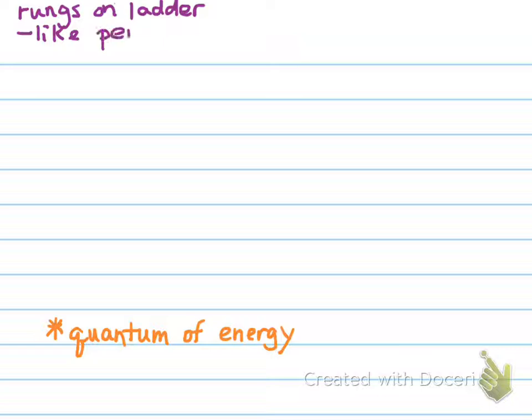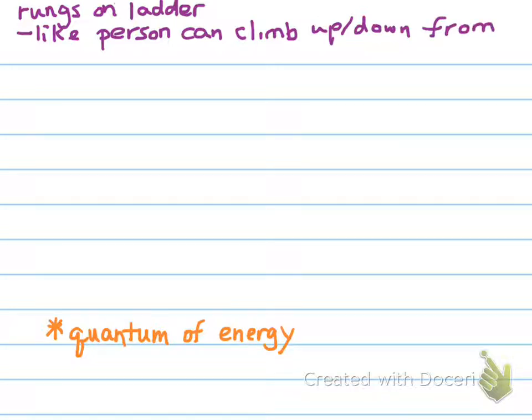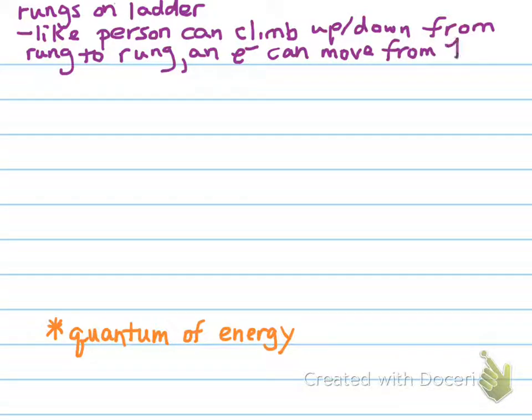And he says that like a person can climb up or down from rung to rung, an electron can move from one energy level to another.